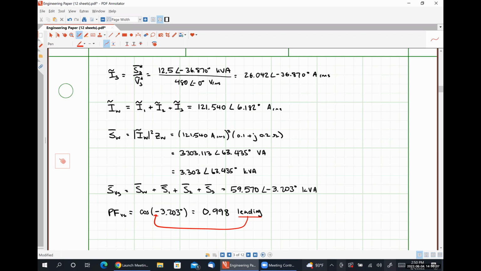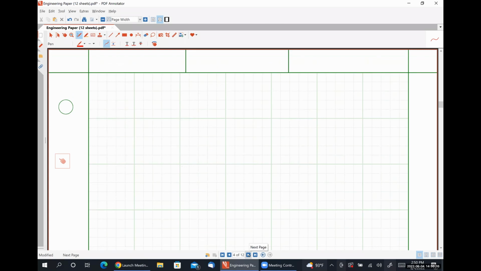All right. Let's wrap things up here by talking about the concept of power factor correction. I need to go back. So it is based on the angle that we get. Let me go back here and I'll try to explain this again.